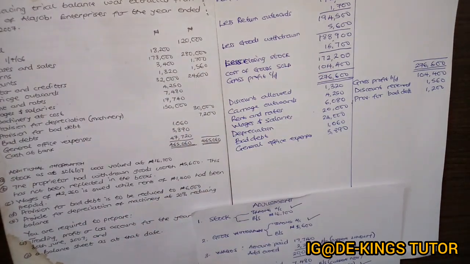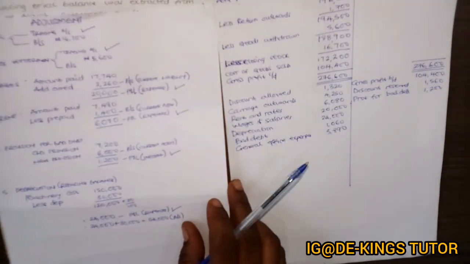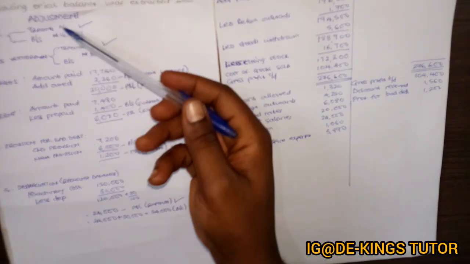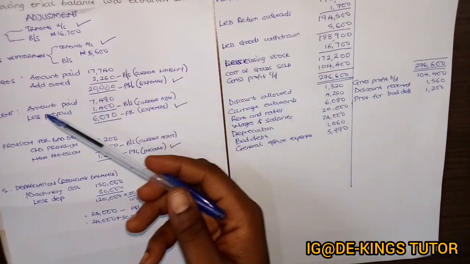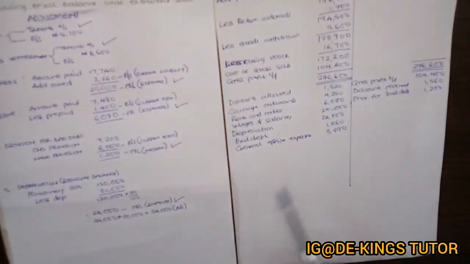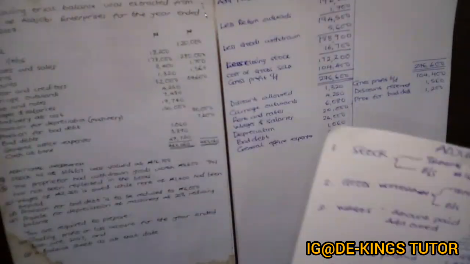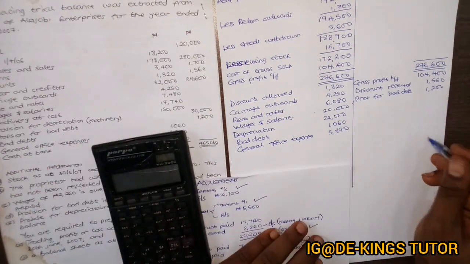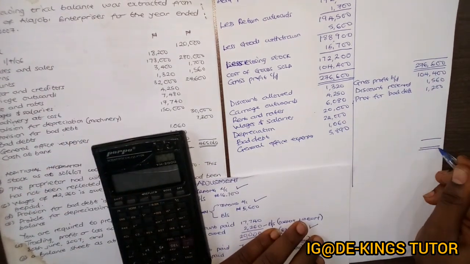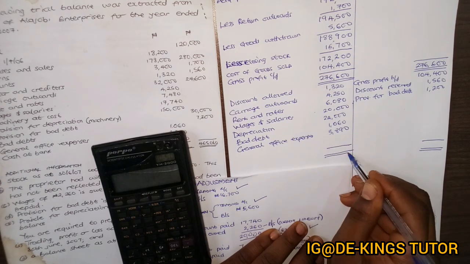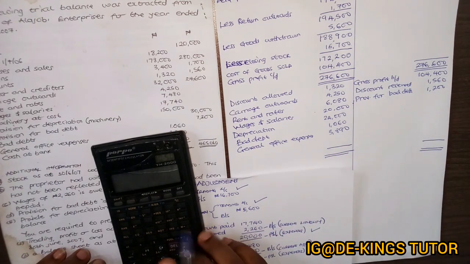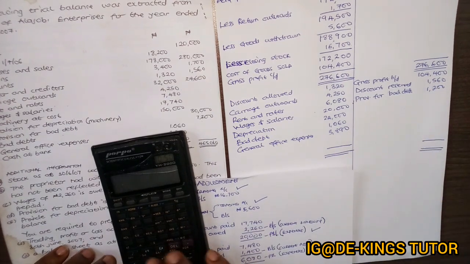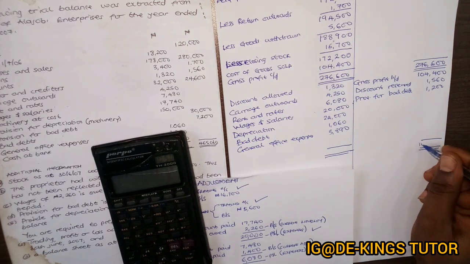Is there any other one? No. Now the next thing you have to check in your adjustment is if there are any expenses that you have not recorded. Okay, wages we've recorded, rent, provision, depreciation we've all recorded. Now let's get our net profit or loss. If we add the income, 104,400 plus 1,560 plus 1,2, we have 107,160.